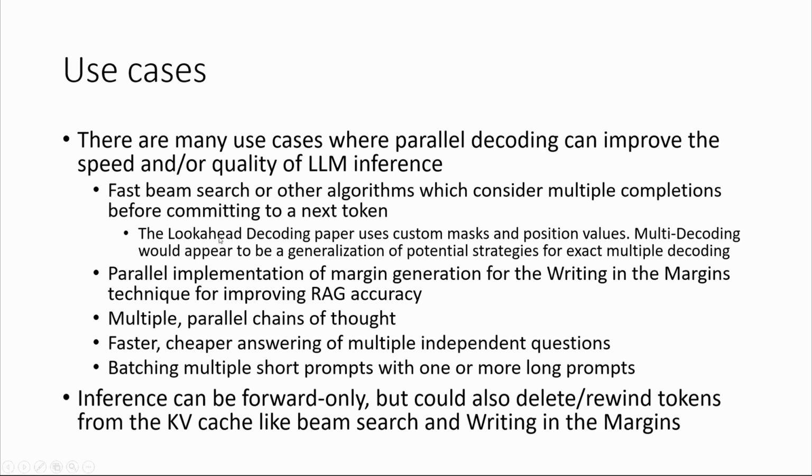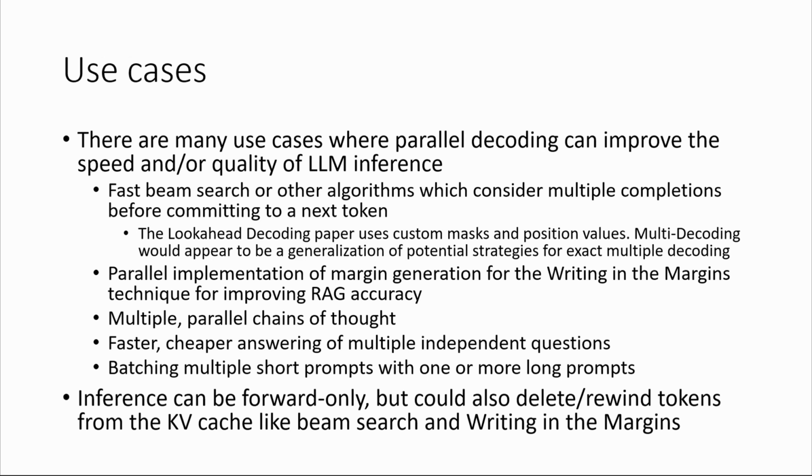further ahead. There's a paper I have in the references, the look-ahead decoding paper, which actually does a form of multi-token search, and then like speculative decoding, it does a verification step. But the cool thing is they actually use a form of multi-decoding in order to make this look ahead and verification cheaper.